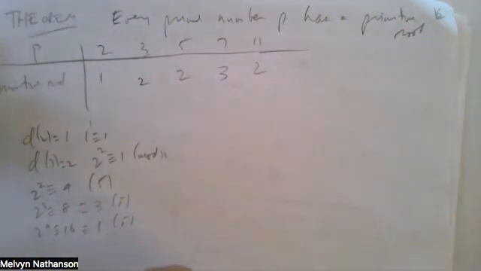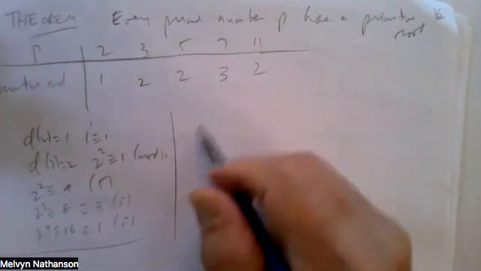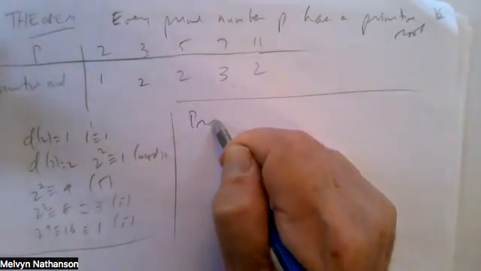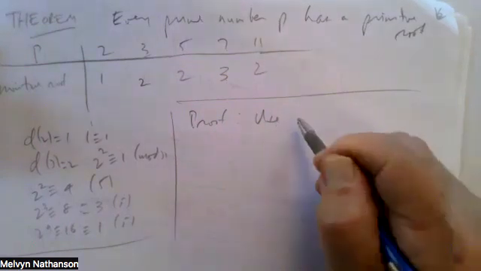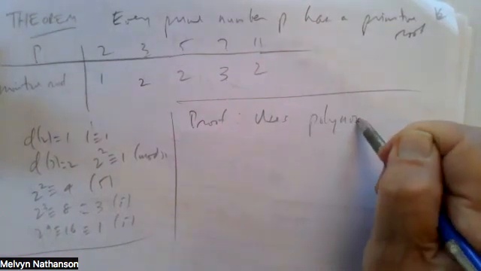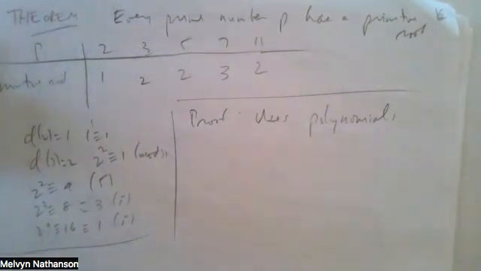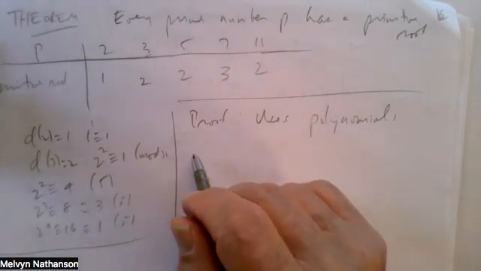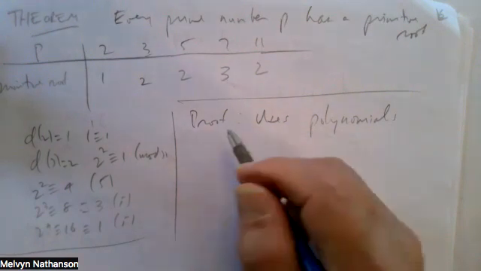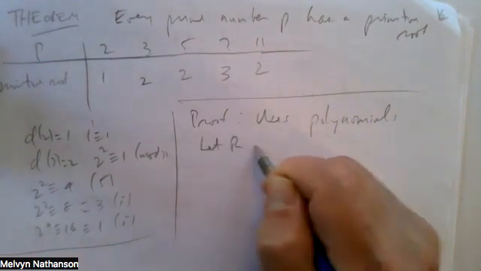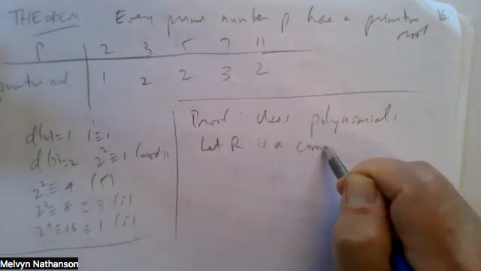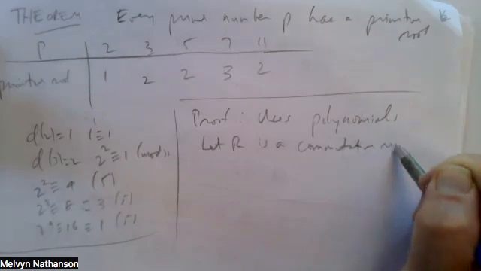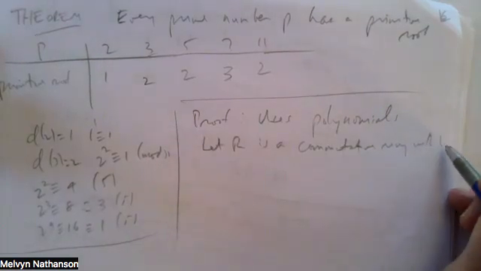Right? And the proof uses some facts about polynomials. So polynomials are like integers in some ways. And what is a polynomial? So suppose R is a commutative ring or a field, a commutative ring with the multiplicative identity 1.